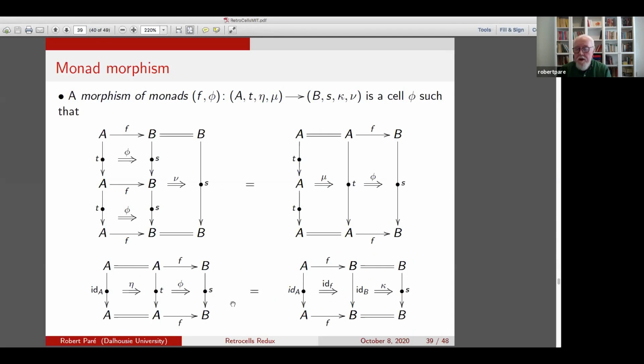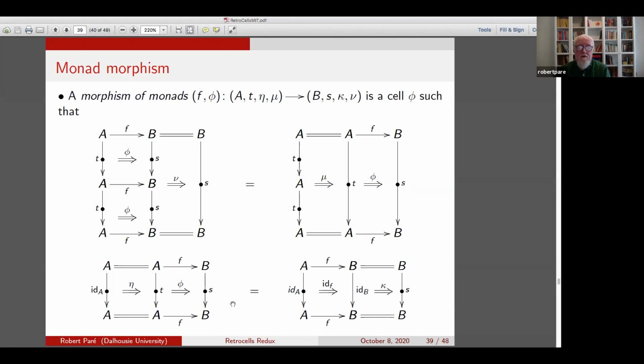Morphism of monads. Now, there's something interesting. If you just look at morphisms of monads, as you would see in Street's 1972 paper, Formal Theory of Monads, there are two different kinds of morphisms, and you wonder which one you should take. Well, in the case of double categories, the choice is made for you.